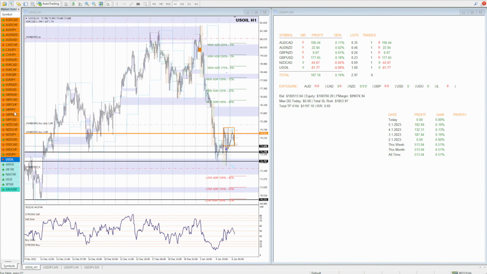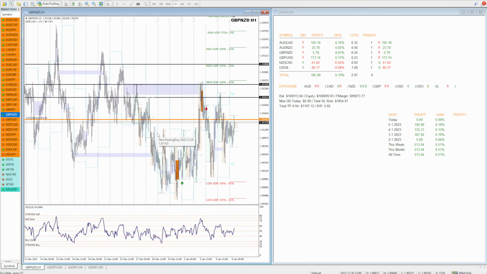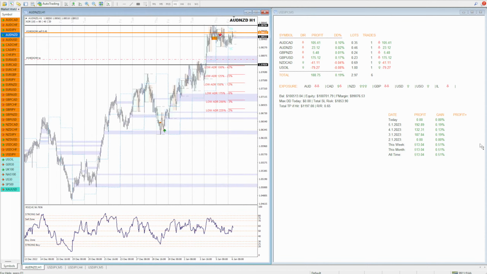Other ones, pound New Zealand's driving me up the wall. Got in on Tuesday and I'm still in. We haven't gone anywhere. Aussie New Zealand, same thing. Got in on Wednesday, I'm sitting in it. We're not going anywhere. That was an ADR scalp.